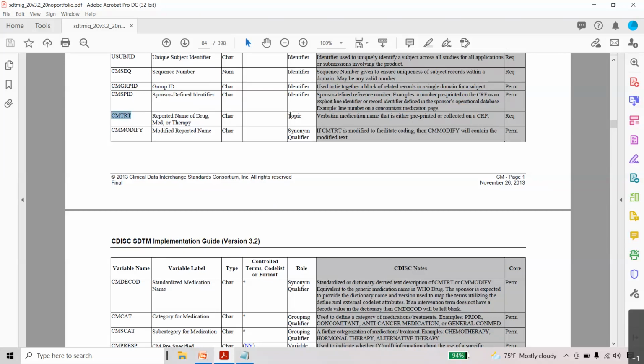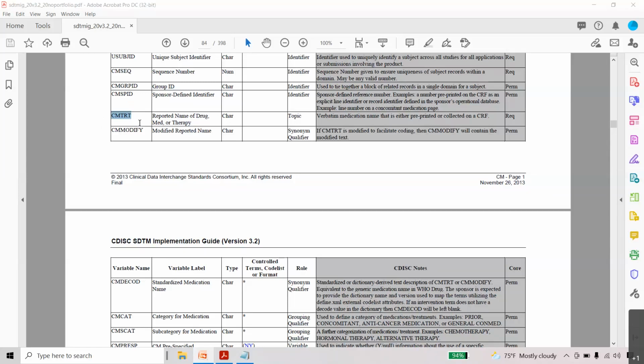Next one is CM modify, the modified reported term. Sorry, again, before going to CM modify, CMTRT: we can see values like the treatment or reported name of the drug, medication or therapy. We can see what medication the subject is taking. For example, if the subject is taking folic acid, aspirin, or atenolol medication, all those values will go into the CMTRT.